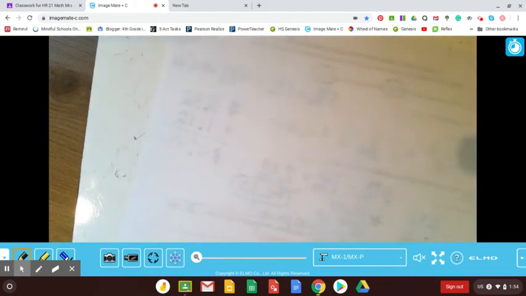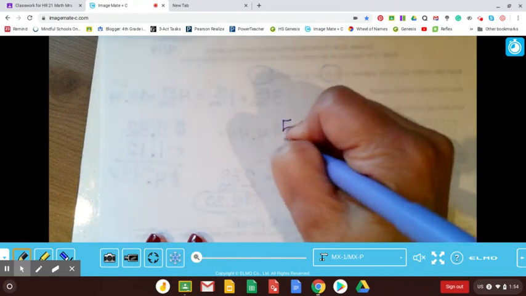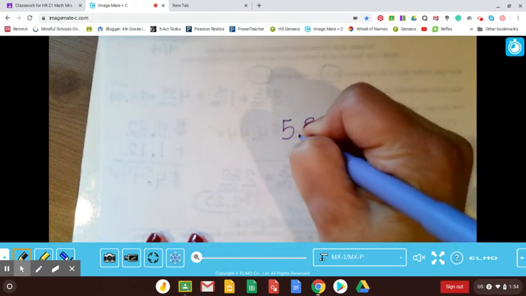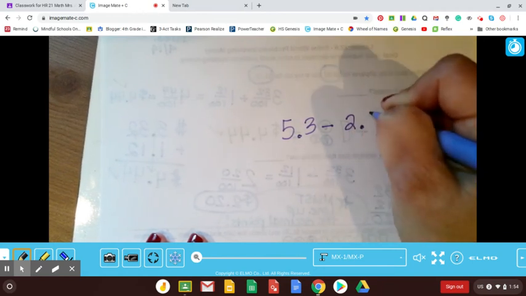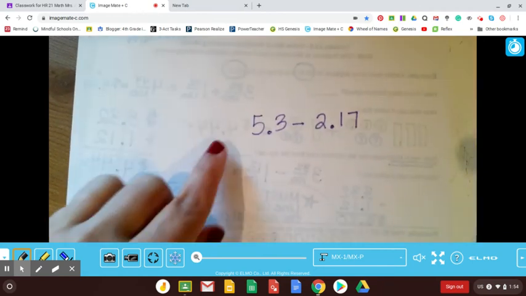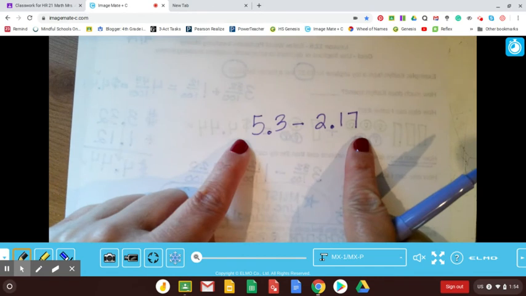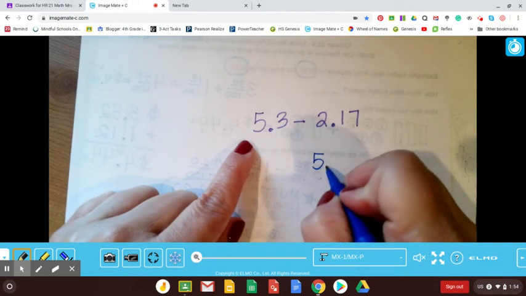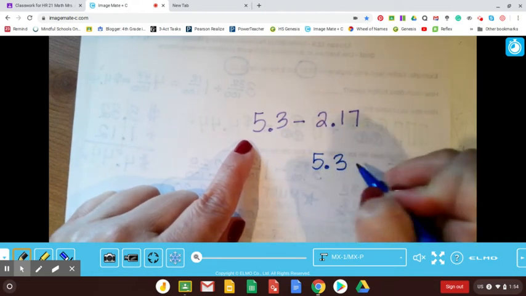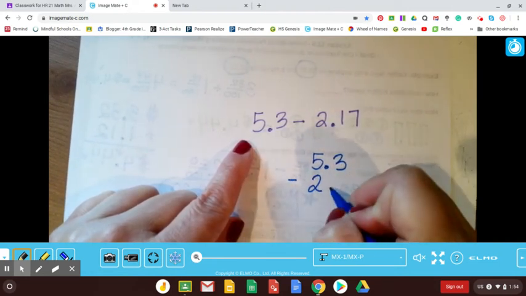Actually, let me just show you that. Let's say I had 5 3/10 minus 2 and I don't know, let's say 17 hundredths. And so this is written horizontally. The first thing you want to do is rewrite it vertically. So let's do that and let's line up our decimal points. We are subtracting.